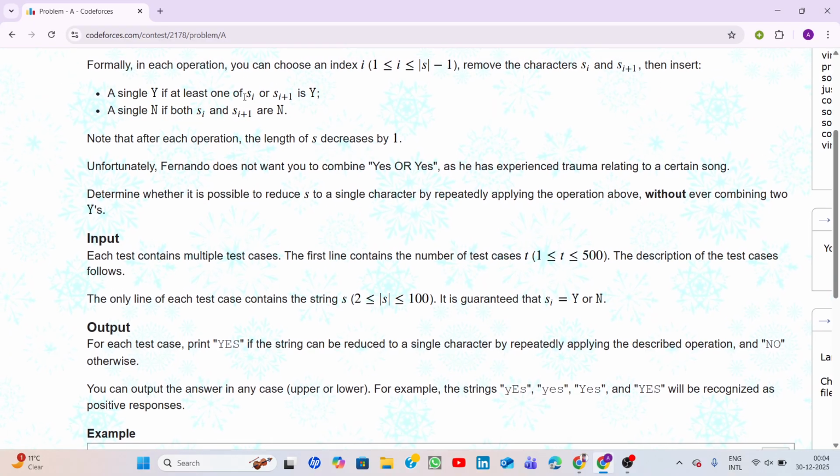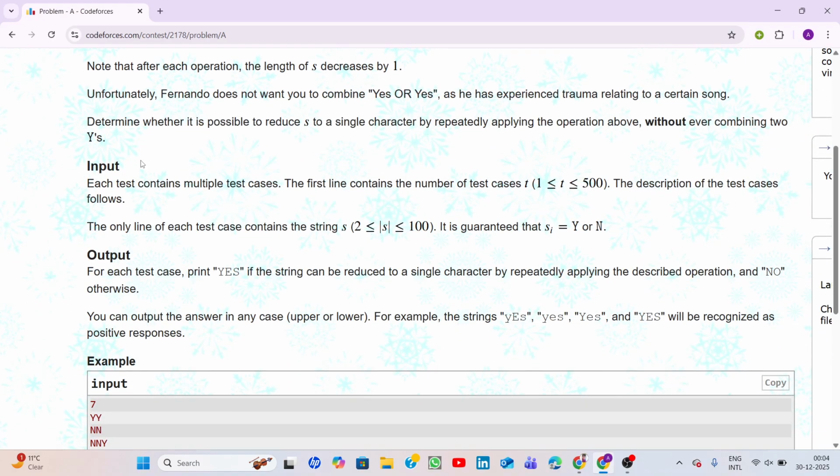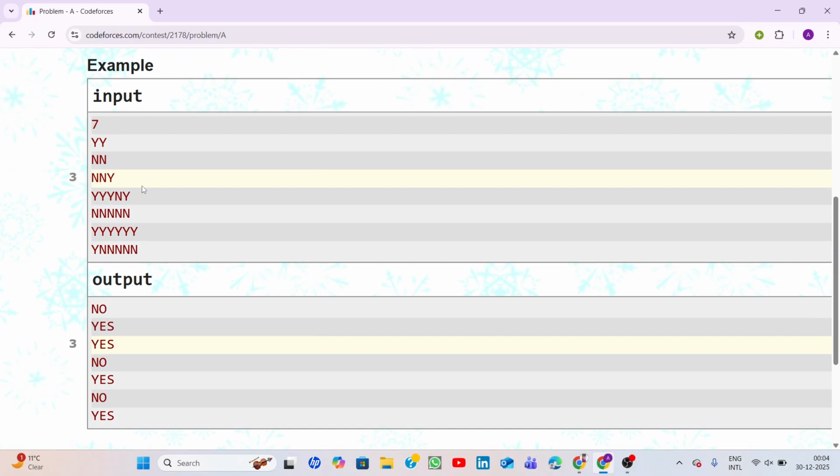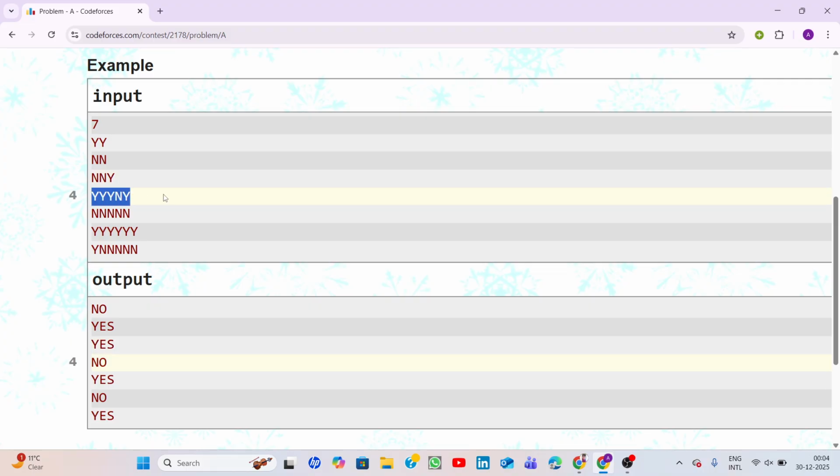If any one of s_i or s_{i+1} is Y, then the result of these two terms will also be Y, and N results only if both are N. So if the string has two Y's, it is sure that they will get combined, because Y is not getting removed.